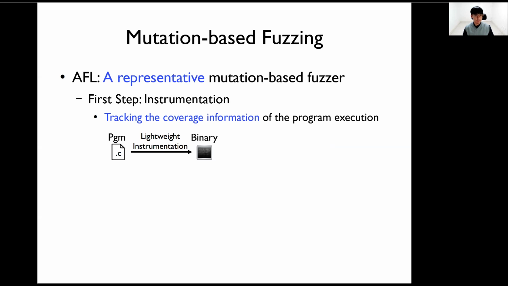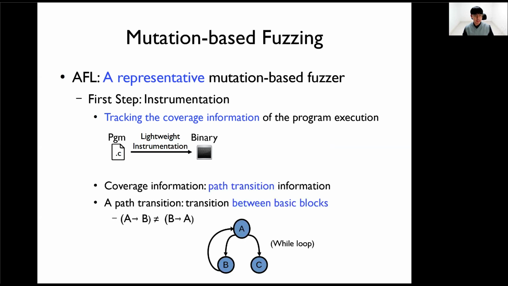And actually, in AFL, the coverage information denotes the path transition information. And this path transition is the transition between basic blocks. So for example, consider the following while loop, which consists of 3 basic blocks.